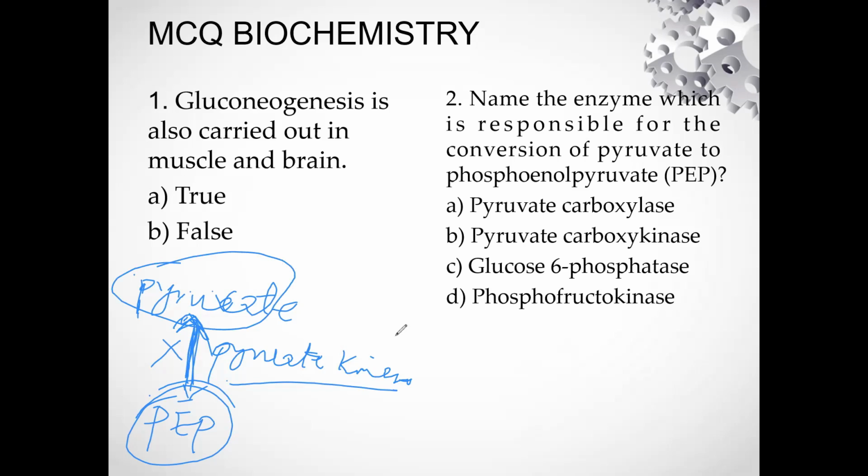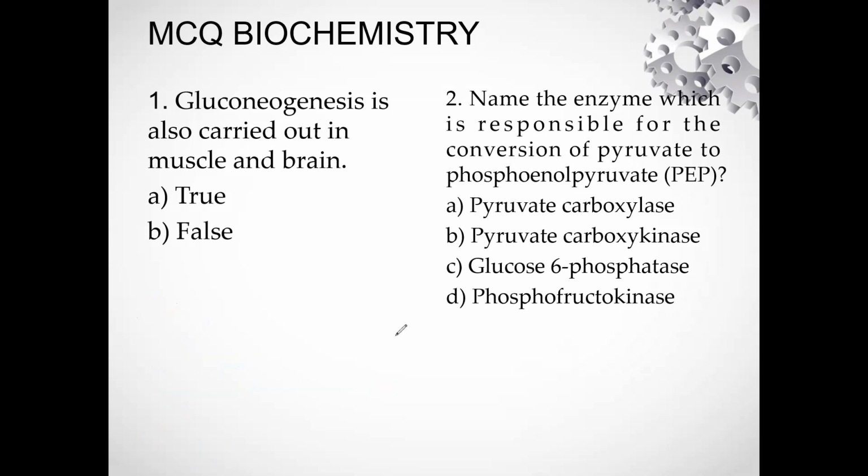So what happens in gluconeogenesis is that the pyruvate, before it is converted to phosphoenol pyruvate, follows a series of steps. Pyruvate will first be converted to oxaloacetate, and the oxaloacetate will be converted into phosphoenol pyruvate.